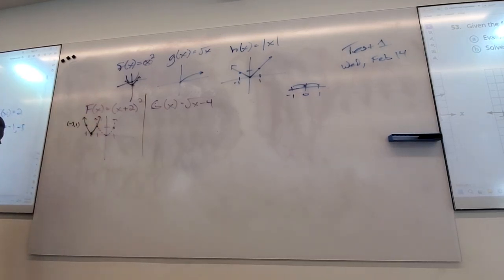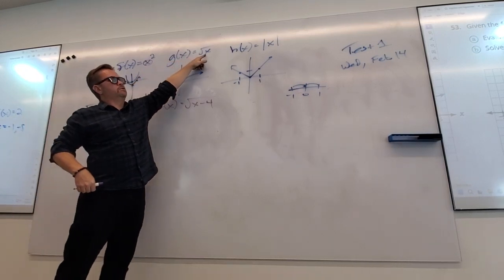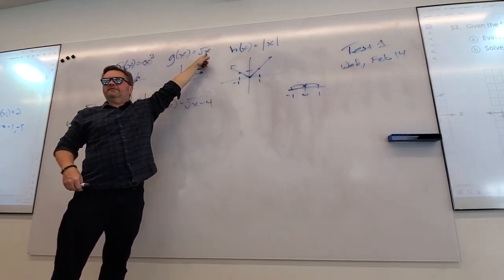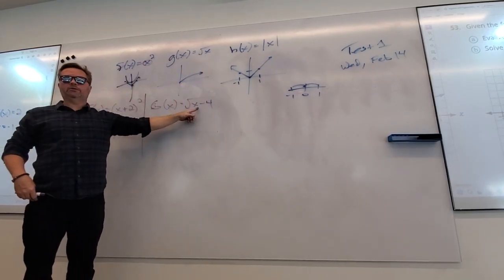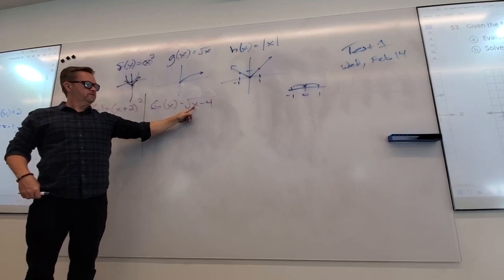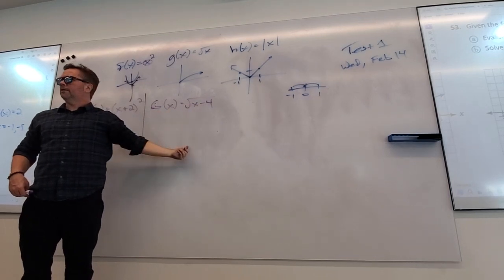This guy's got problems. What was the lowest number I could put in the original function? 0, right? What happens if I try to put 0 in here? What happens when I put a 0 in for x? I get negative 4. Do you want to graph complex numbers?